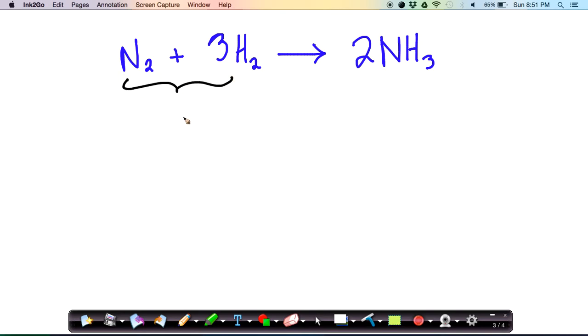So over here with diatomic nitrogen and diatomic hydrogen, we're going to need to break these bonds in order to form ammonia. And when we're forming ammonia over here on the product side of our chemical reaction, we're going to need to form bonds. We're making bonds over here on the right side.